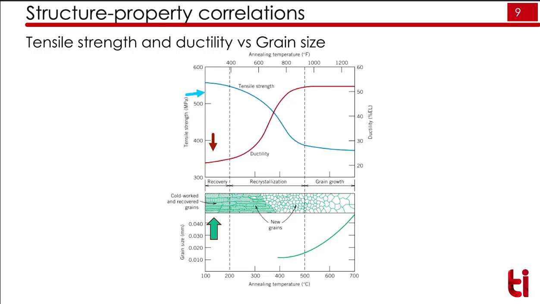Again the material is the same, and we can see a drastic change in the properties. For example, the tensile strength decreases from 550 megapascal, while the ductility increases from 20 to 50% elongation. This is due only to changing the structure. What structure have we changed? We have only changed the grain size, and the properties have drastically changed.